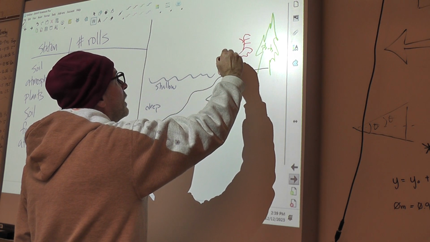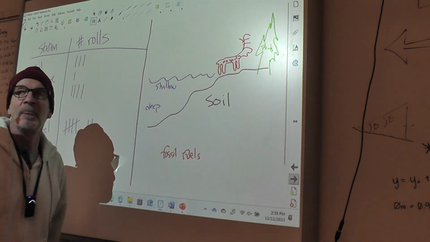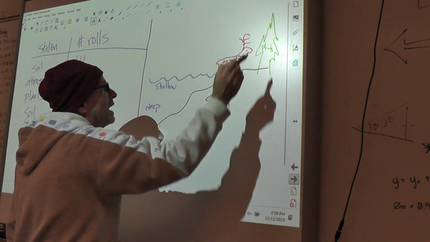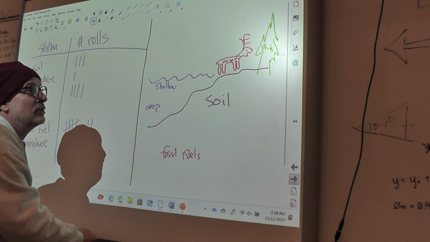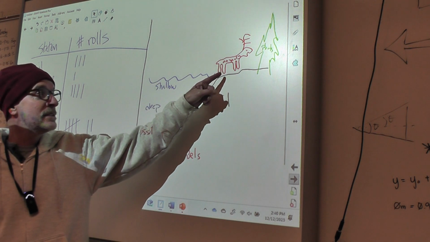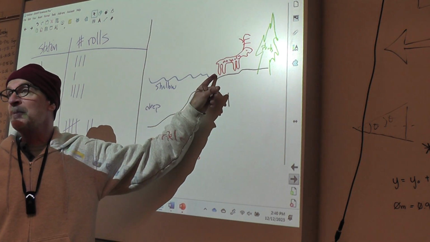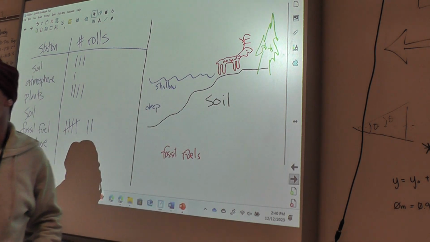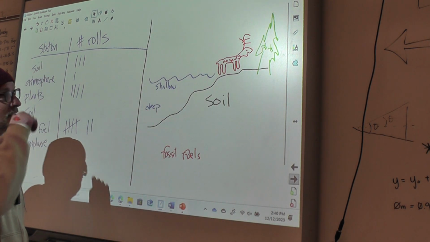Okay? So there's your animals. I don't laugh at your drawings. That's obviously a deer, right? Yeah. And if you don't think that this is a deer, you better be careful, because it will plow you right out of the way. It will just plow you wherever it needs to go.